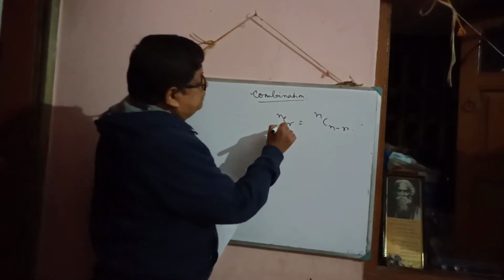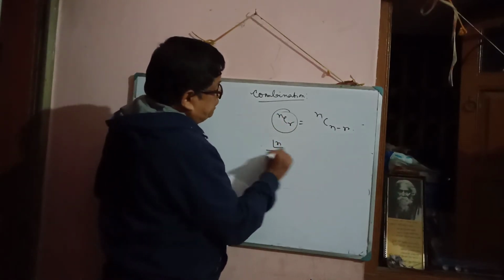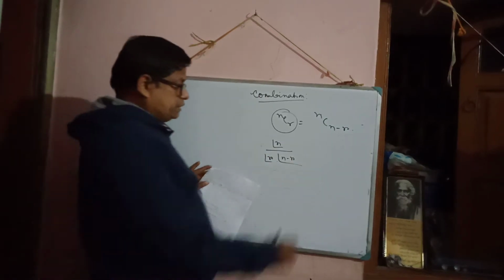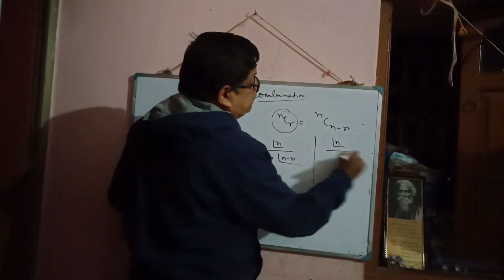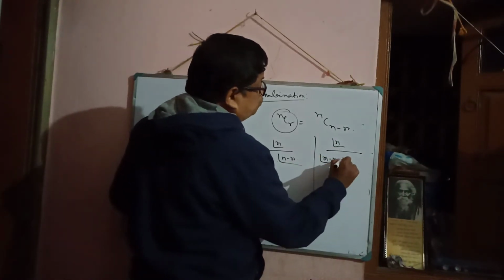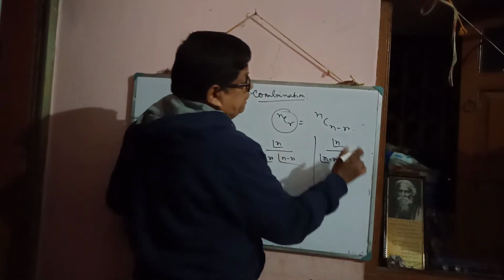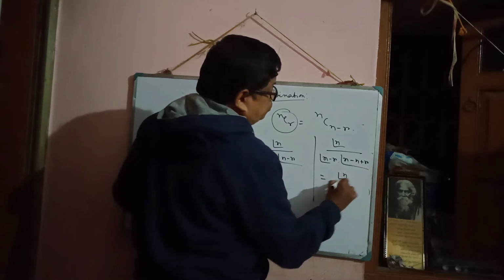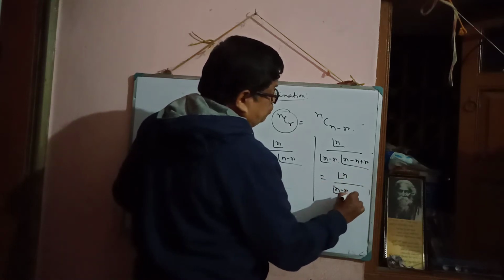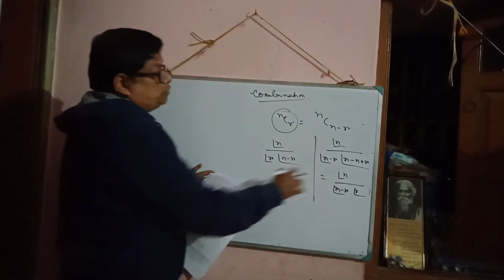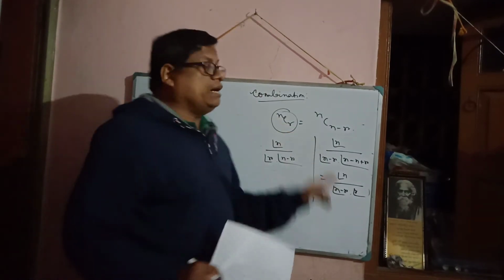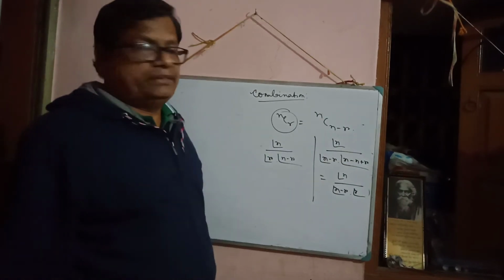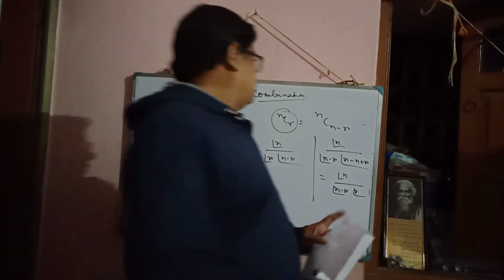Look here: nCr equals n factorial by r factorial into n minus r factorial, and nC(n minus r) equals n factorial by n minus r factorial into r factorial. Both are same. So nCr equals nC(n minus r). Keep in mind.